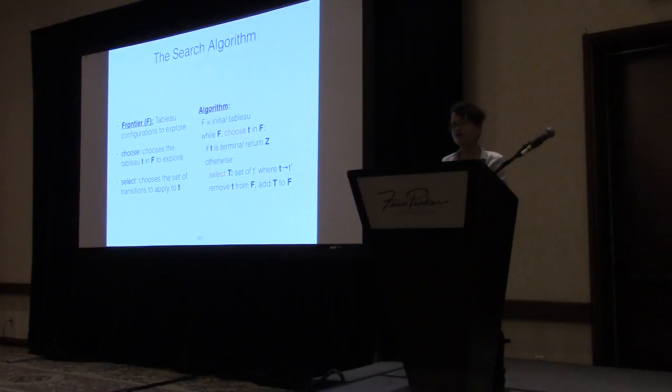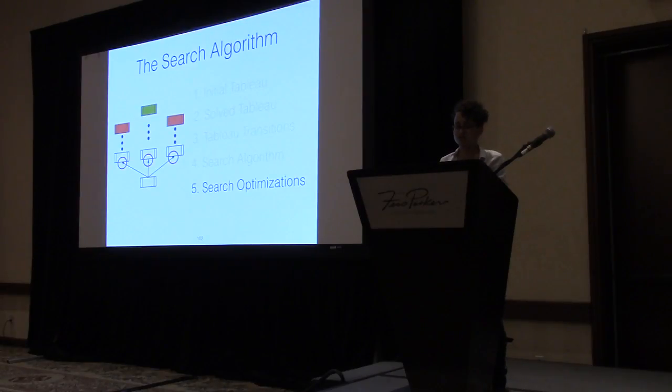And essentially, while there exists some tableau in the frontier, it chooses a tableau, and if the tableau is solved, it returns the configuration, because this means that you have finished and you found the correct configuration. Otherwise, it selects a set of transitions to take from the tableau it has picked, and then it creates a new set of derived tableaus that can be derived from this tableau using a transition. It then removes the current tableau from the frontier and adds the set of derived tableaus to the frontier.